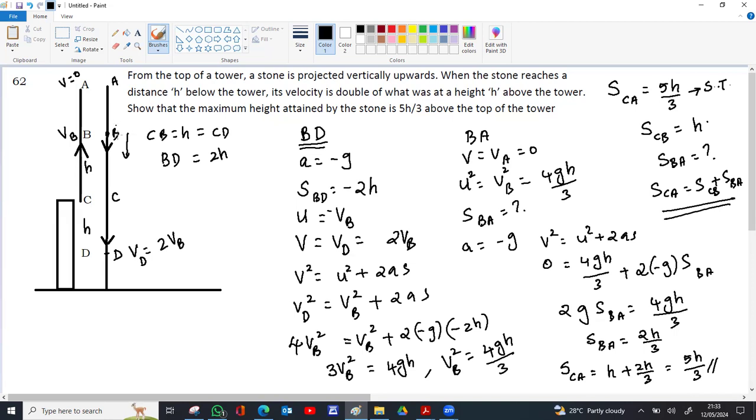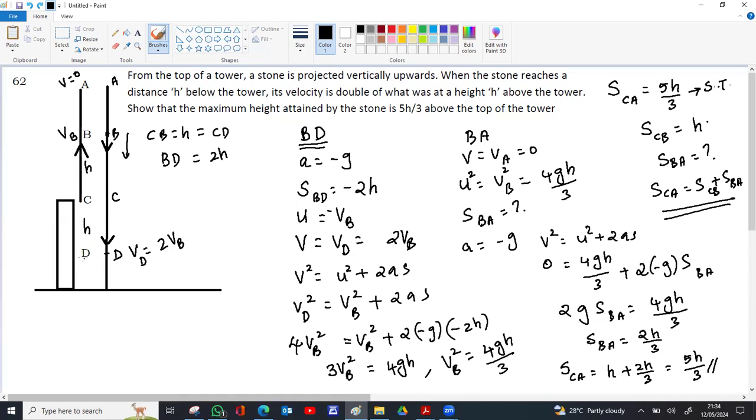The problem may be in understanding the question, because they gave an arbitrary point B and D such that the velocity at D becomes 2 times the velocity at B. B is not the highest point. It's a point in between the highest point and the starting point, and D is not the ground.